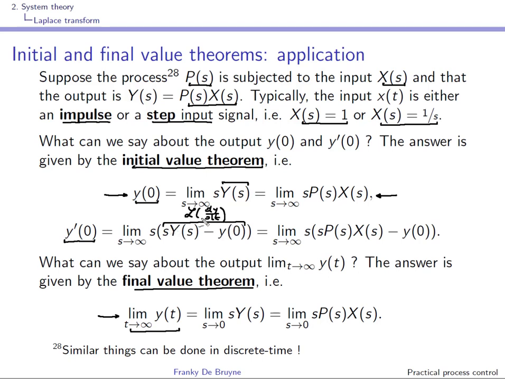So if you apply the initial value theorem, well, this is what you obtain, and you see here that it involves the output at the origin that you've just computed also with the initial value theorem.